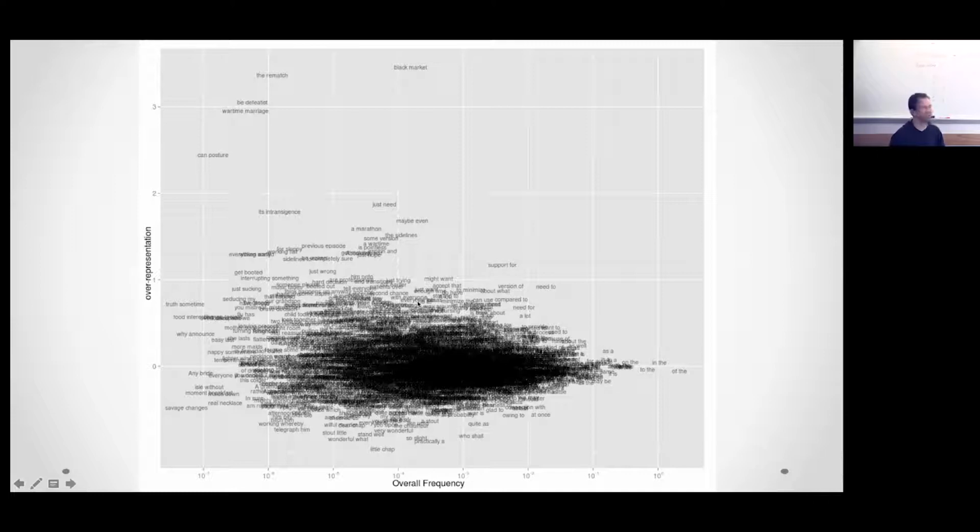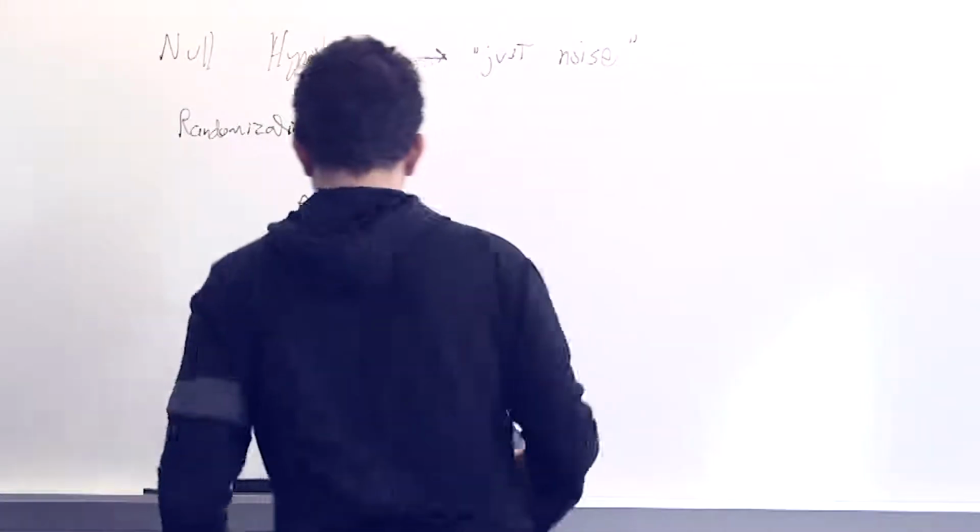Now, the question I want to put to you is, what would be the shape of this scatter plot if actually the language in Downton Abbey is drawn from the same distribution as the language in Google Books? So that's our null hypothesis here, right?